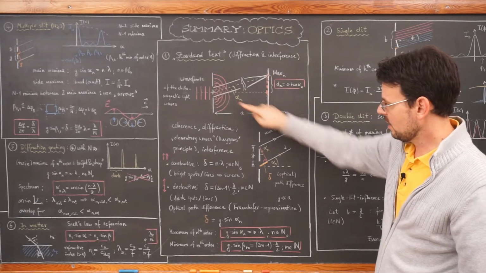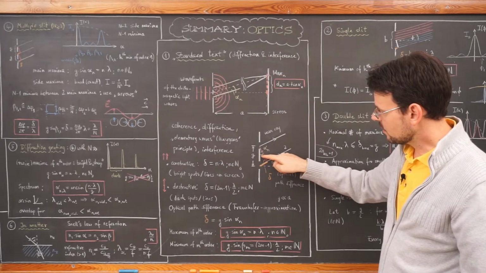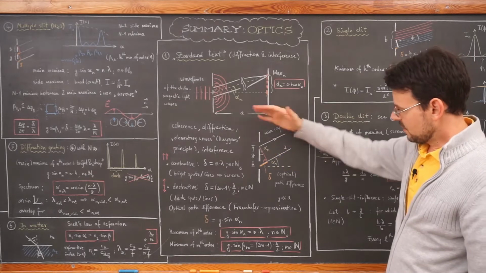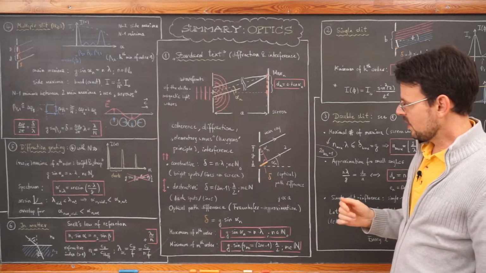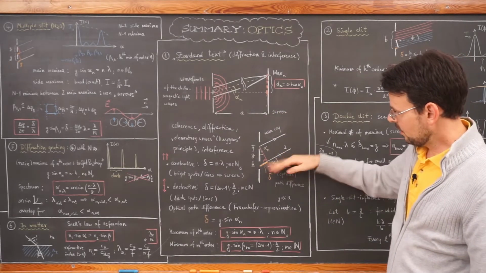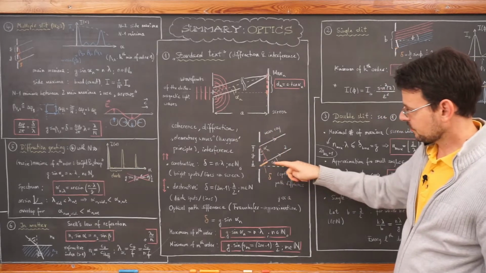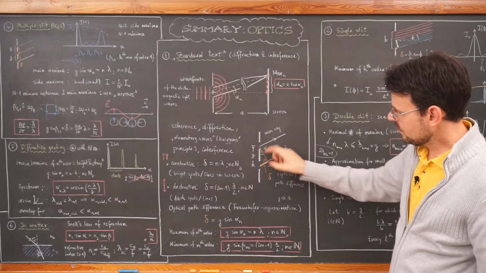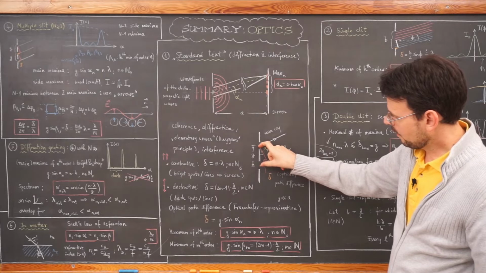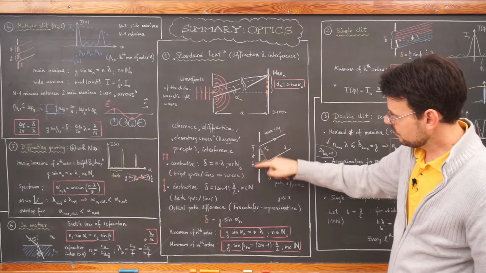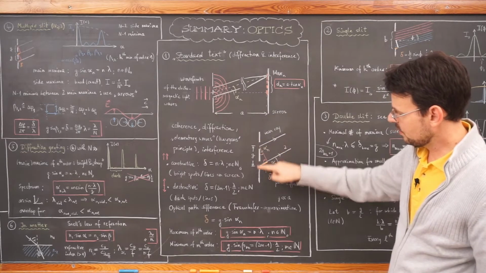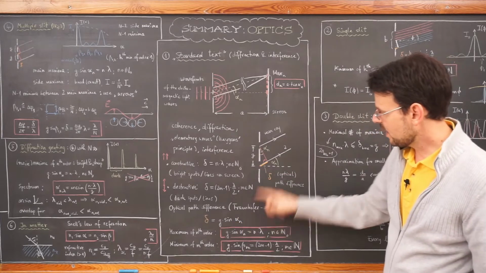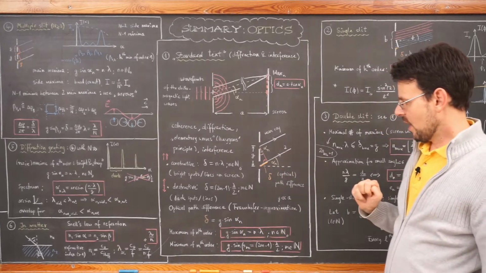This is alpha n. Then this angle occurs here as well, because the sides are each perpendicular. So this is simply the length of the hypotenuse, which is g, the distance between 2 slits, times the sine of this angle.